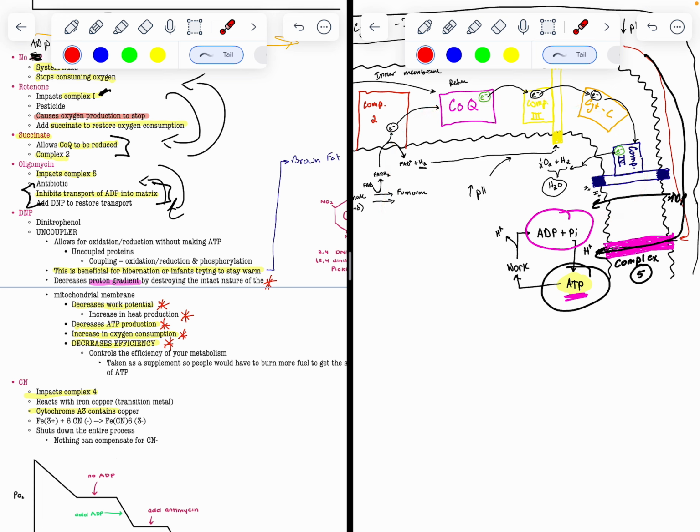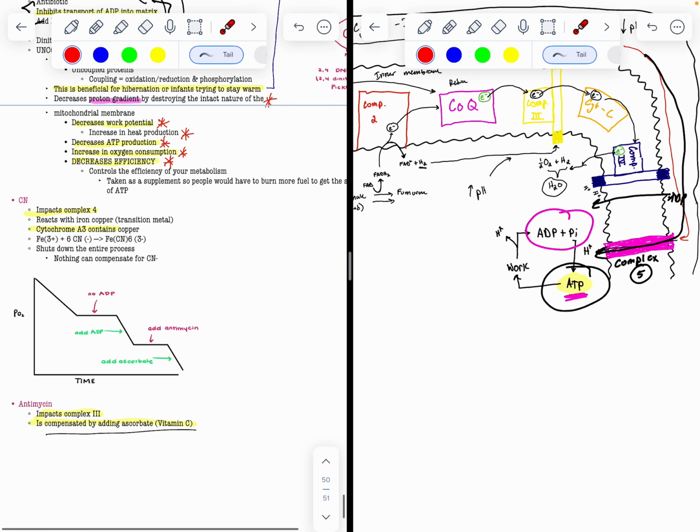And why does it decrease our efficiency? Well, we are still doing all these continuous reactions, but we're not producing ATP for our body. So the efficiency of these reactions decreases because we are not producing the normal amount of ATP that we do.